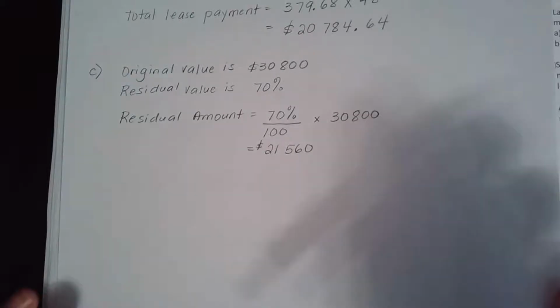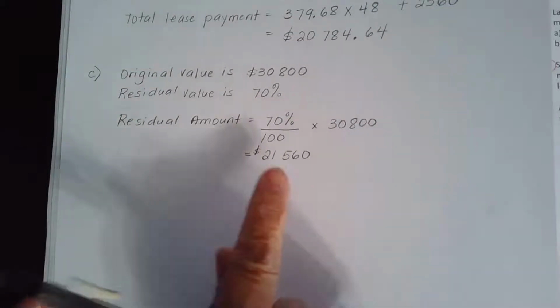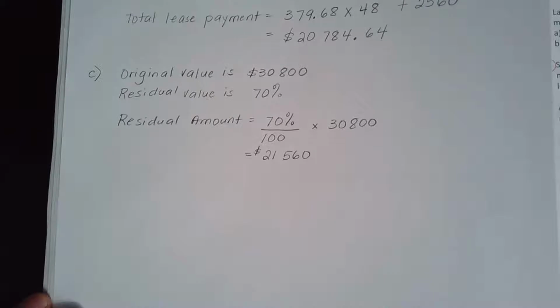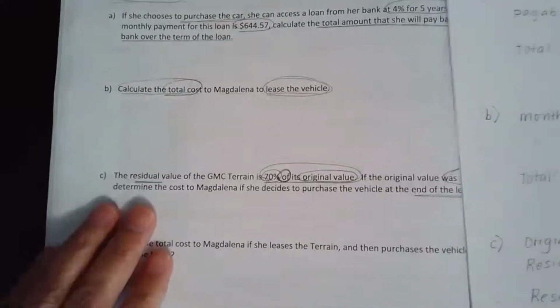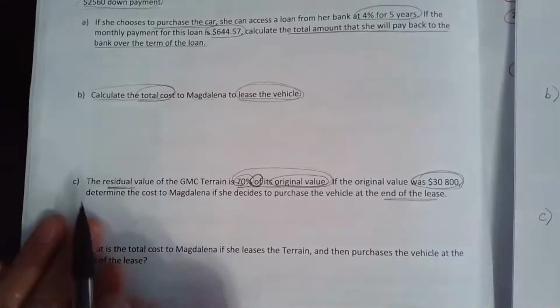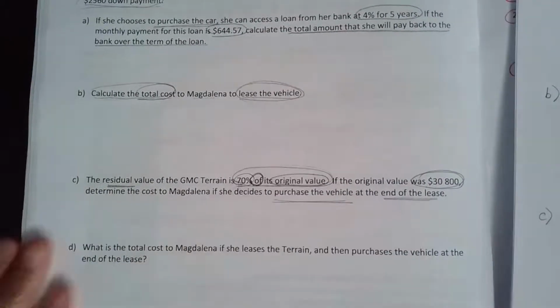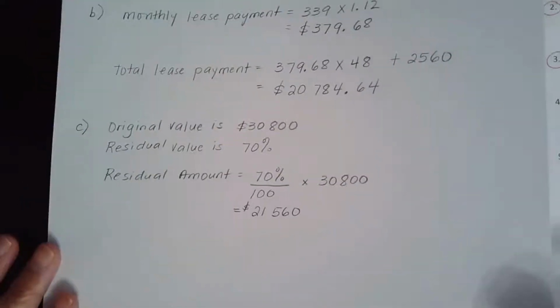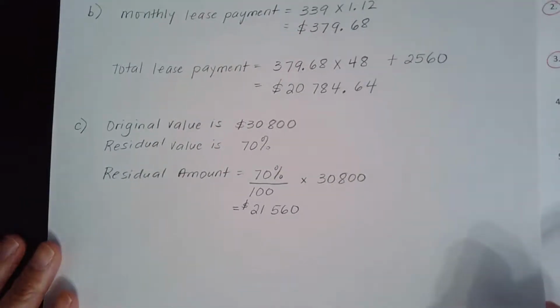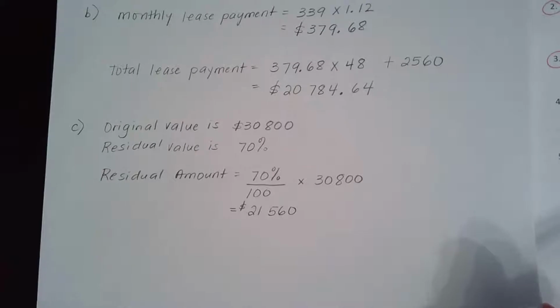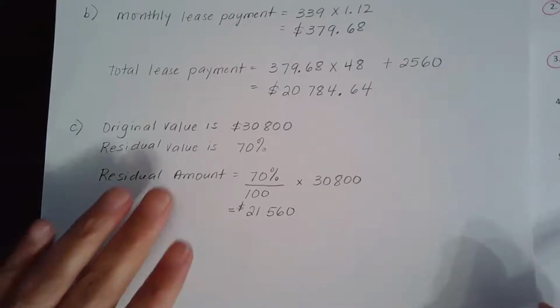Okay, determine the cost if she decides to purchase the vehicle. So Magdalena leased the vehicle, and after 4 years, she wants to buy it. They said this is the residual amount.